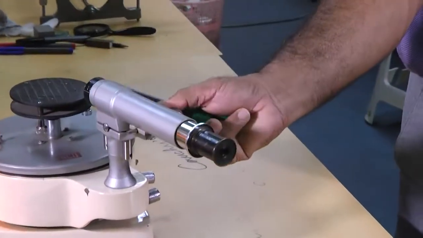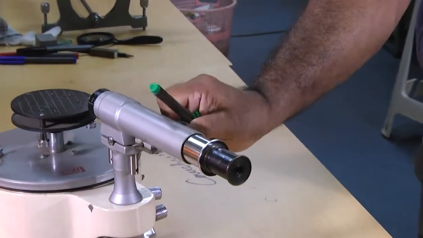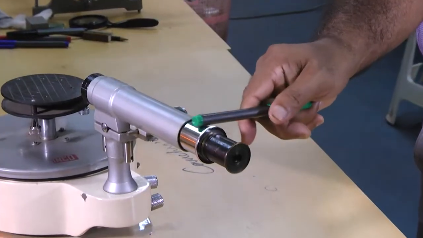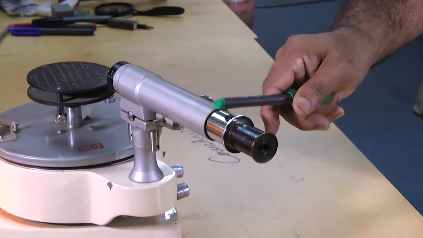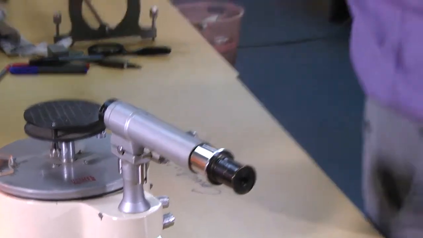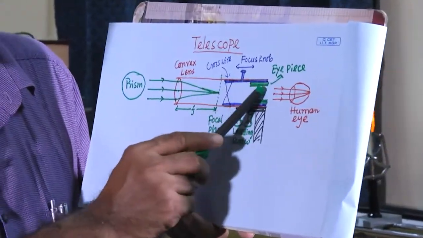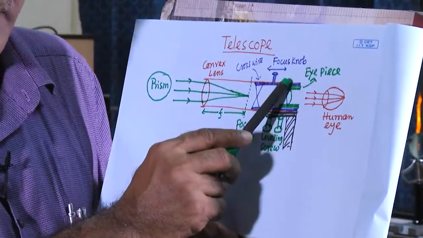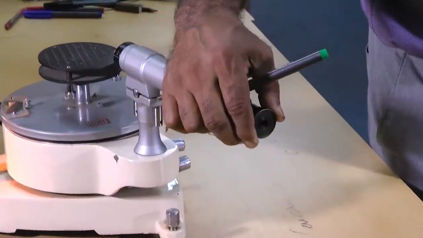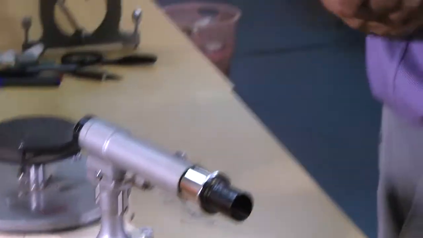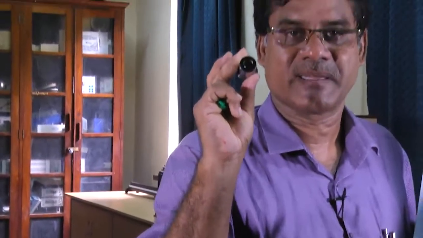Whatever this moving is, the crosswire is set here. So the crosswire and this eyepiece are separated. They are not one. This is the eyepiece.